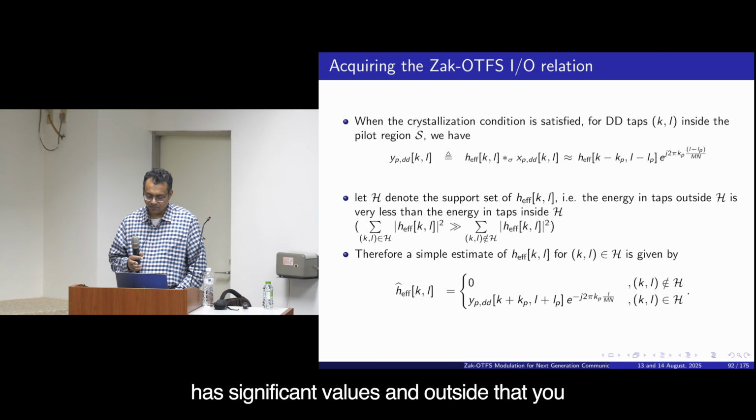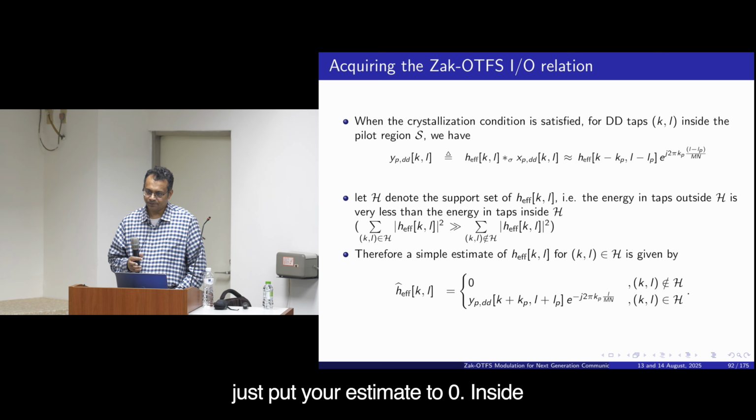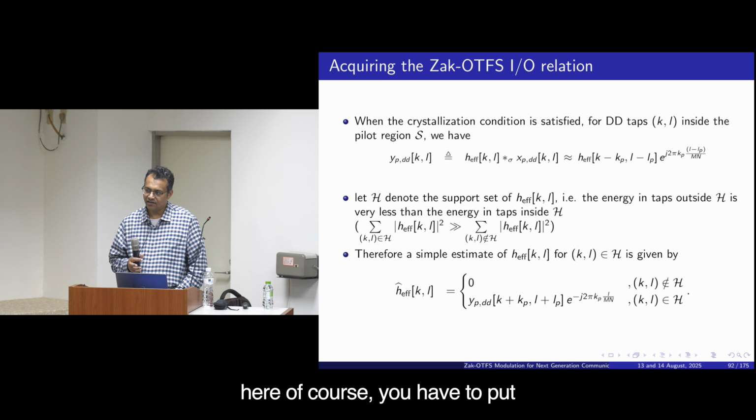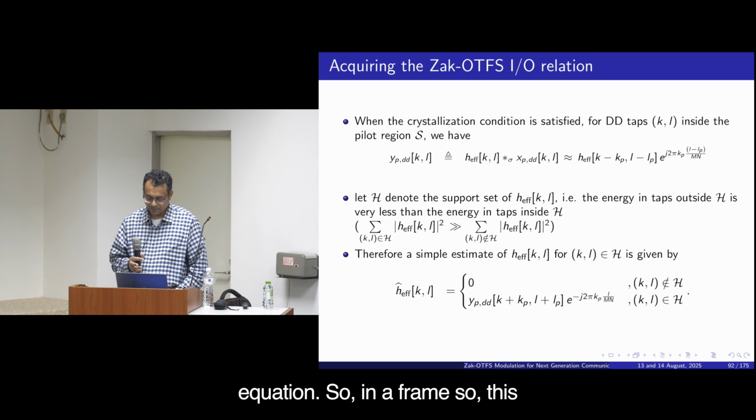And outside that you just put your estimate to 0. Inside that you can actually compute using this equation. If you replace this k with k plus kp, you will get k here. Similarly, if you put L plus LP, you will get L here. Of course, you have to put L plus LP here also, and then you take this term to the left side and you end up with this equation.